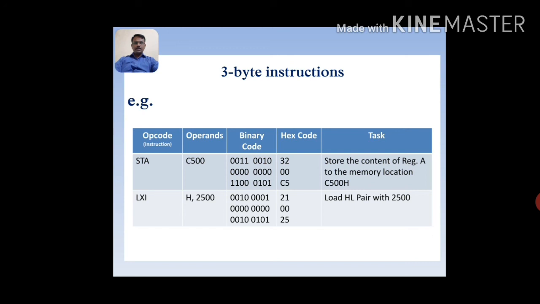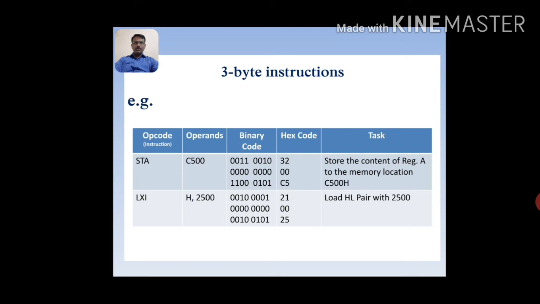So STA has a 1 byte opcode, 0011 0010, which is 32, the opcode of this instruction. Then the lower 8 bits of the address, 00, and the higher order of the address, C5. So this instruction will require 3 bytes to specify.